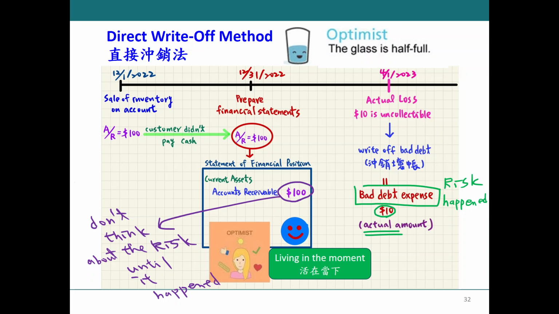What's our purpose of accounting? Provide information to users. You cannot provide more information, okay? So you will let users misunderstand, thinking, oh, I have $100, but it's not true. Why? Because the risk is normal.